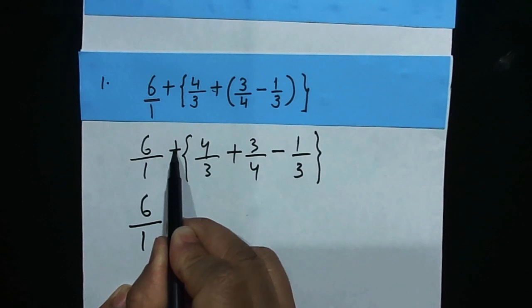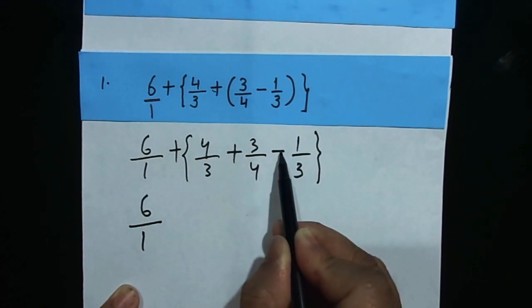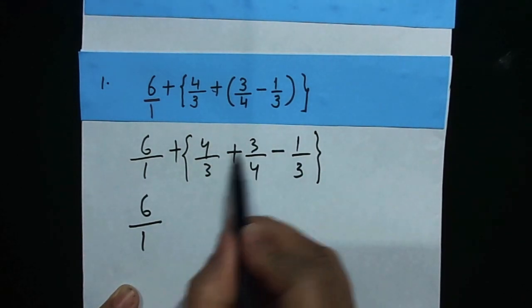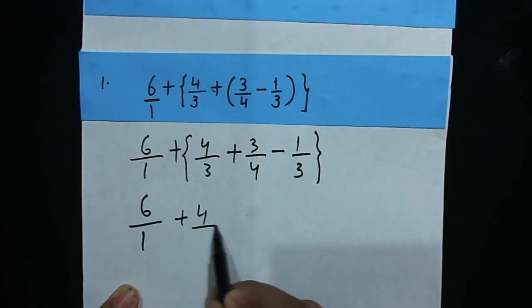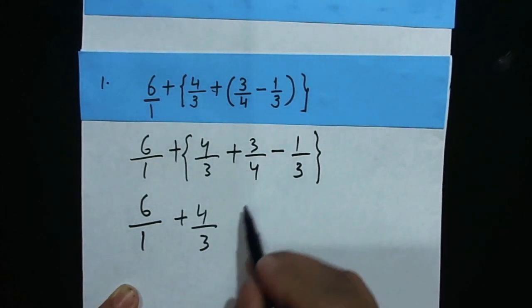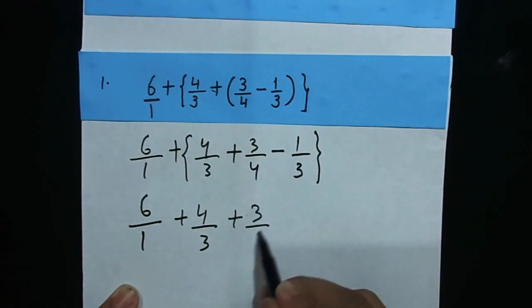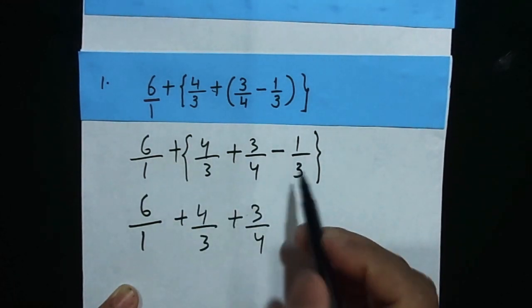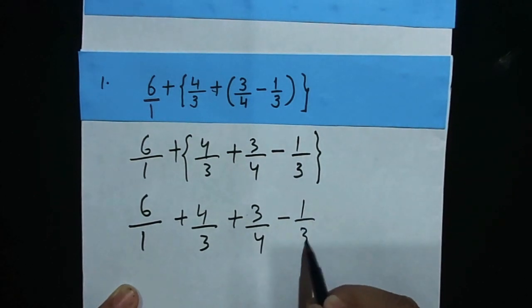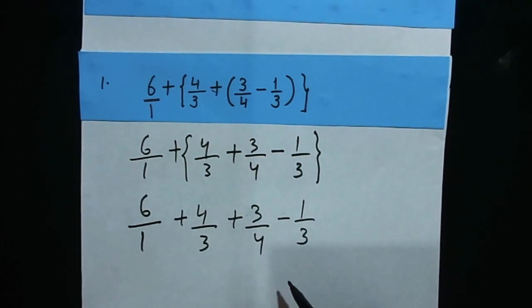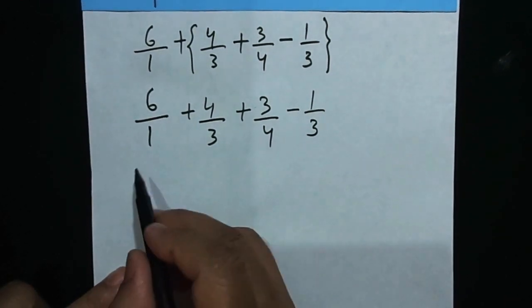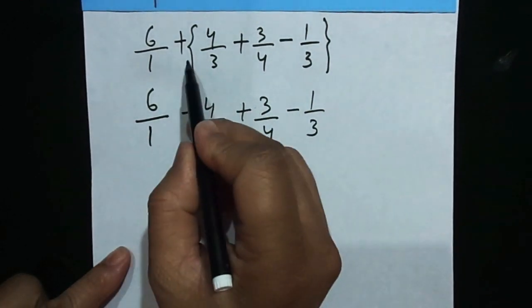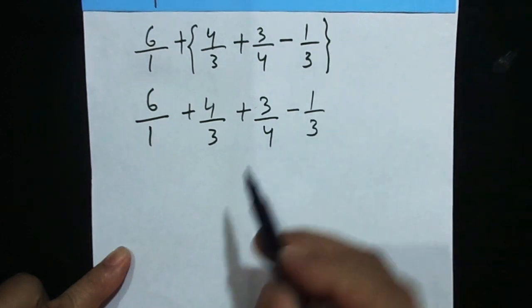Therefore if I multiply plus with all of them, this means the sign will not change. So plus 4 by 3 plus into plus will be plus 3 by 4 plus into minus will be minus 1 by 3. This means what I have done here is I have removed all these brackets.